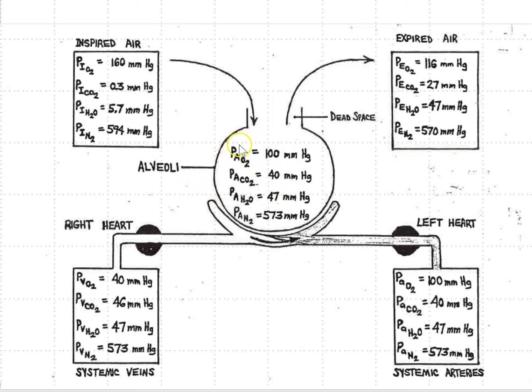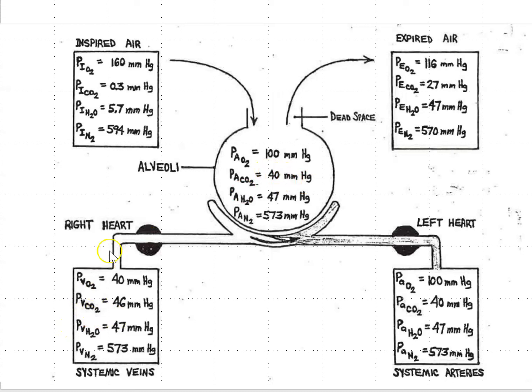And how does the gas exchange occur, or why does the gas exchange occur in the first place? So the partial pressure of oxygen in the alveolus is 100 mm of mercury, and the partial pressure of CO2 in the alveolus is 40 mm of mercury.